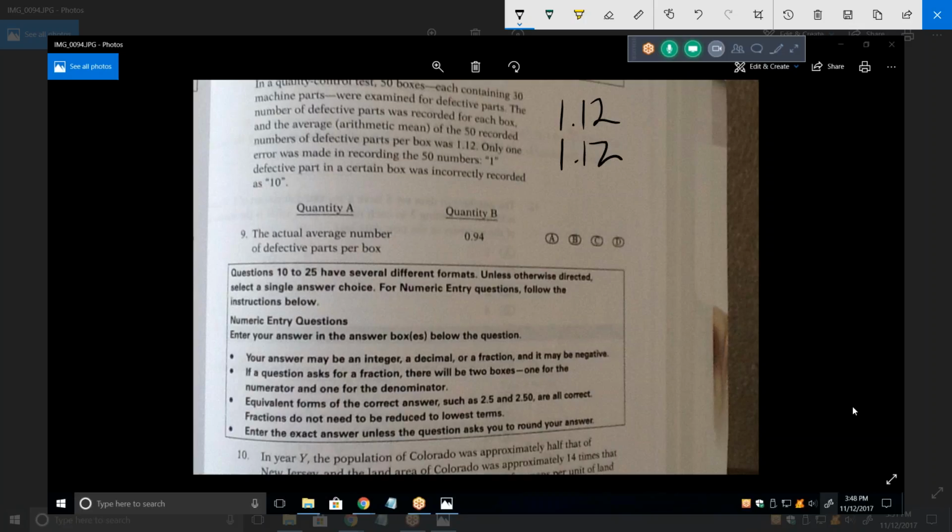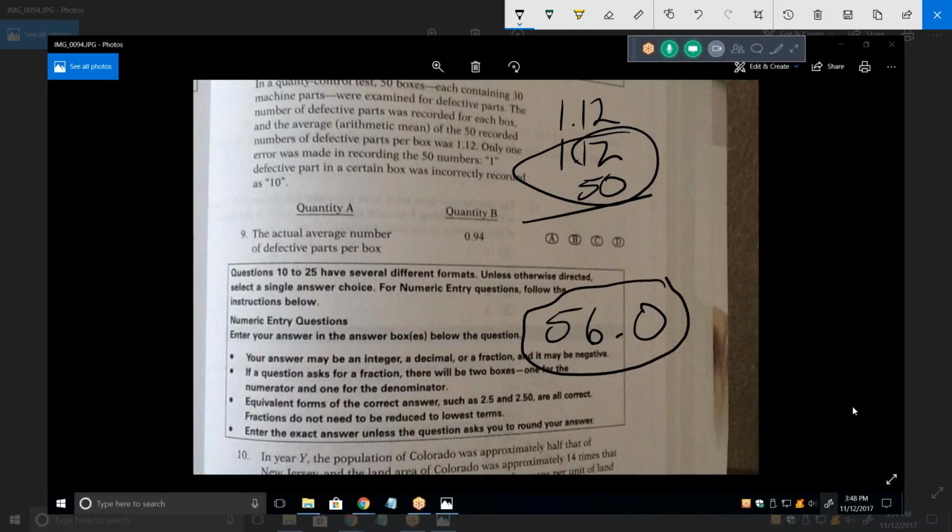However, that total would add up to 50, 5 times 12 is 60. So it would be 56.0 if I multiply that by 50. So that would be the total if nobody made a mistake.